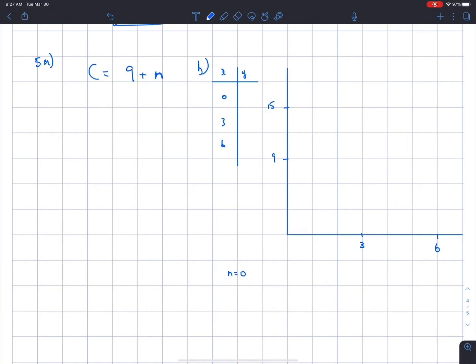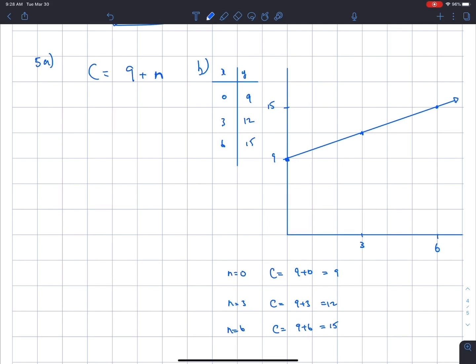If n equals 0, then cost is just 9 plus 0, so it will be 9. I'm using this equation, 9 plus n. If n equals 3, cost equals 9 plus 3, we should get 12. And when n is 6, we get C equals 9 plus 6, which is 15. So 0 and 9, 3 and 12, 6 and 15. Straight line.